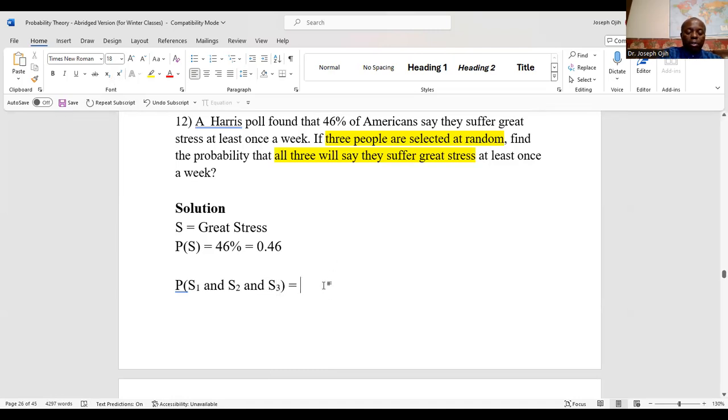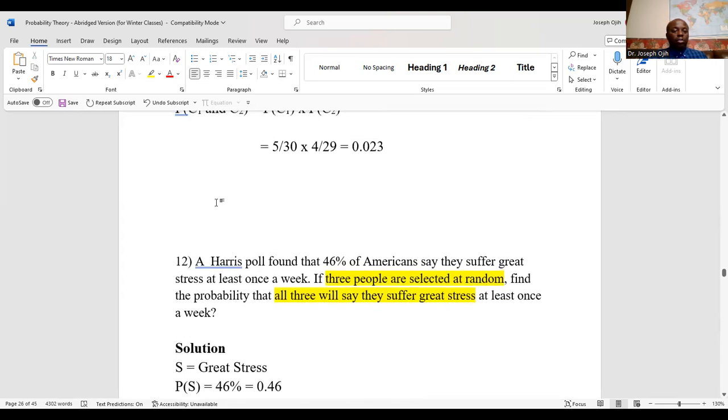And it's going to have the probability of S1 times the probability of S2 times the probability of S3. Okay. Let me make them all sub. Now, with this, we can finally answer the question.